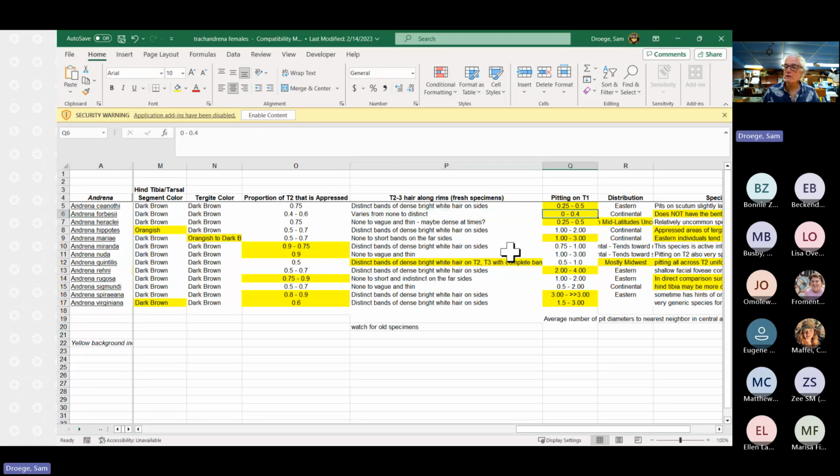Okay, now when we go to T1, we also have a nice yellow feature to look at that helps us define it. Here, the pitting again is super dense. When we look at a lot of these other species, rarely are we even close to that degree of density. In fact, we see none of the others going to 0 or touching.